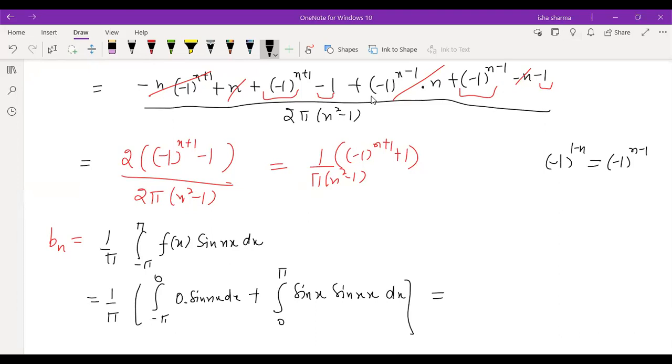Yes, bn's value is turning out to be 0. So you verify yourself. It's not very difficult. Again, you can use the formula. This time it is sine A sine B, whereas in the previous one it was sine A cos B, so we used another formula.